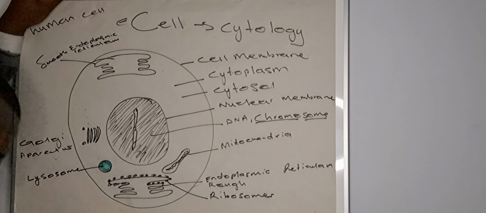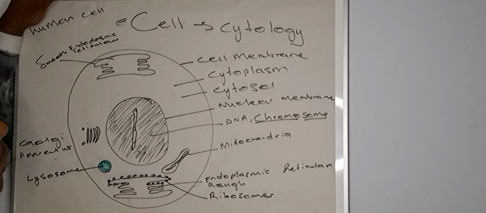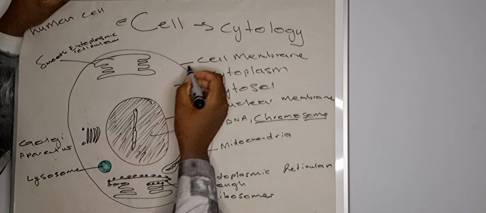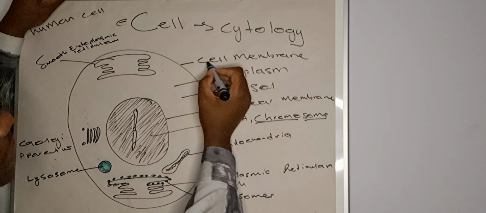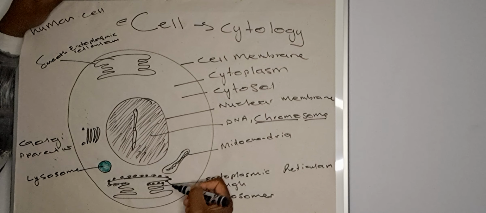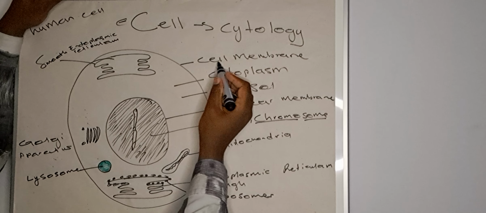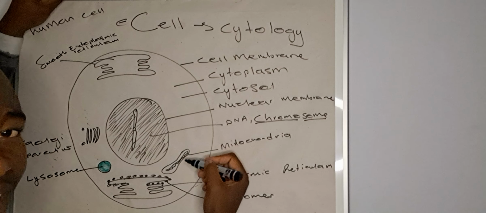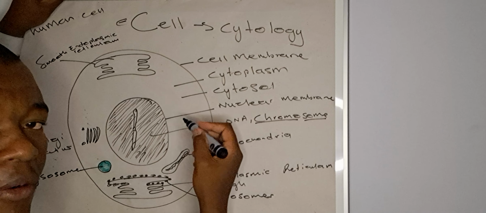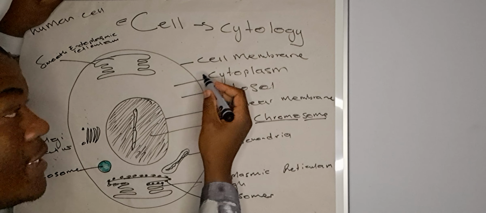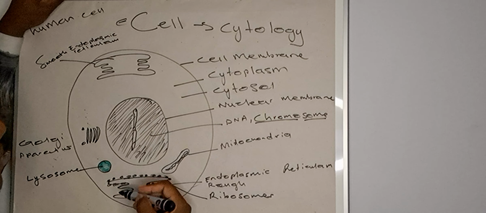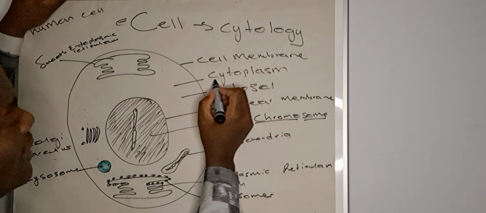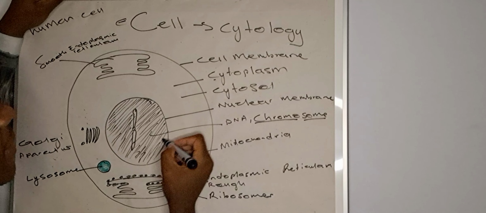What is the function? That is a question within the exam question paper. What is the function of a cell membrane? A cell membrane regulates passage of substances into and out of the cell. What is the function of cytoplasm?